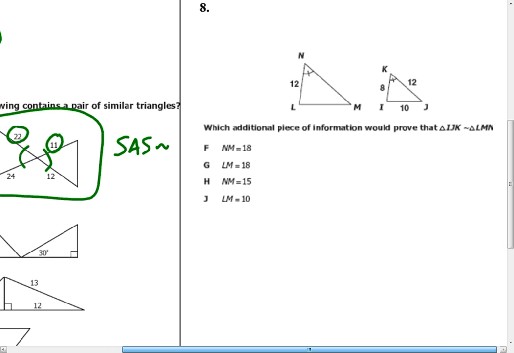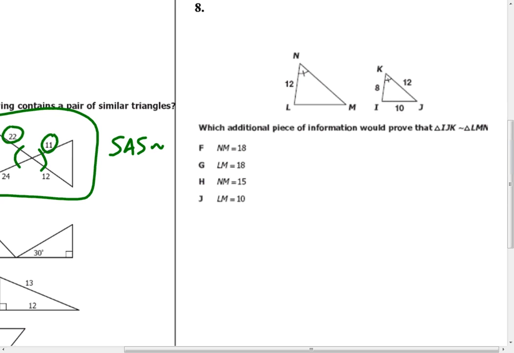What additional piece of information do I need? Well, I can't use AA because I only have 1 pair of angles. I can't use SSS similarity because I'm only allowed to put in 1 additional piece of information. So if I put a side there, I still don't know this side.